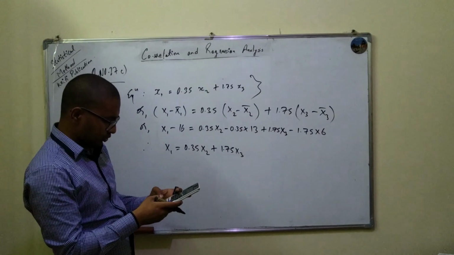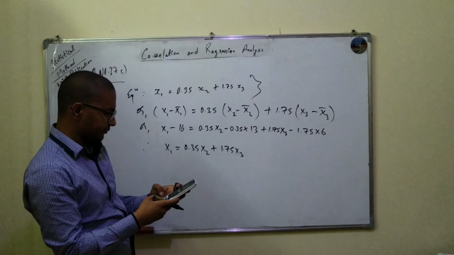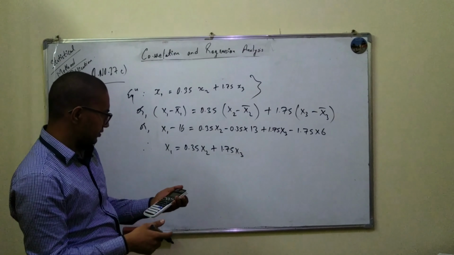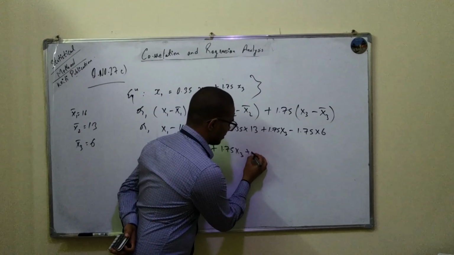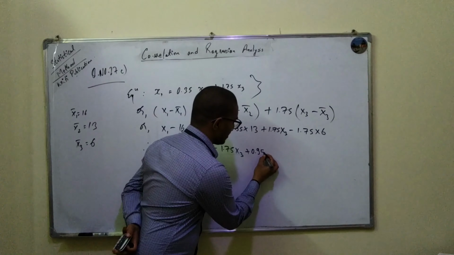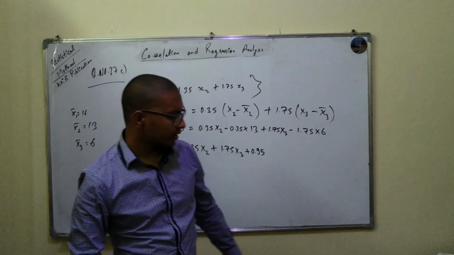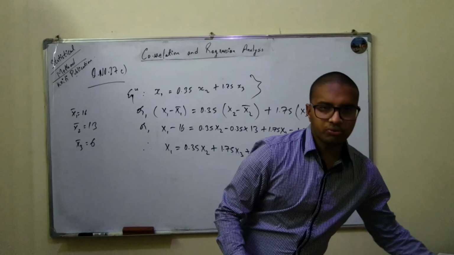This will be 19 by 20, so that means plus 0.95. Okay, so all we need to do is open it up, and then we will get our x1 on x2 and x3. So if we've been given x2 and x3 in the question, we can compute it using this equation.